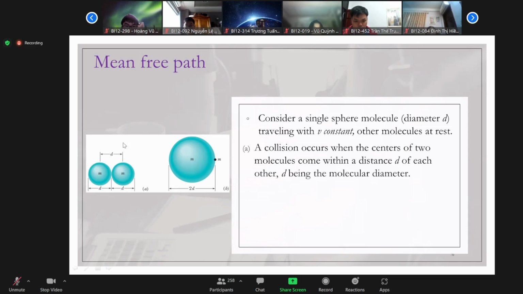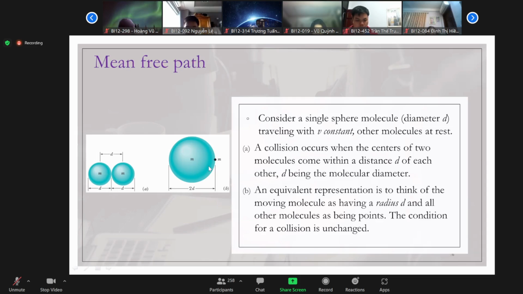Do you understand until here? If you do not understand, please stop me, okay? This is the case when we have a collision, when the centers of two molecules come within a distance d of each other. Good. Then, to simplify the problem, we find an equivalent representation of this case.